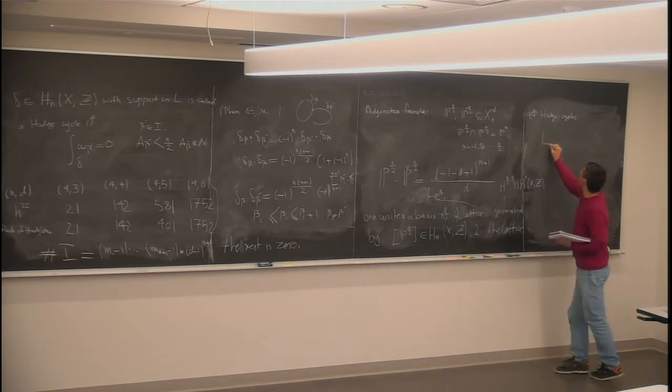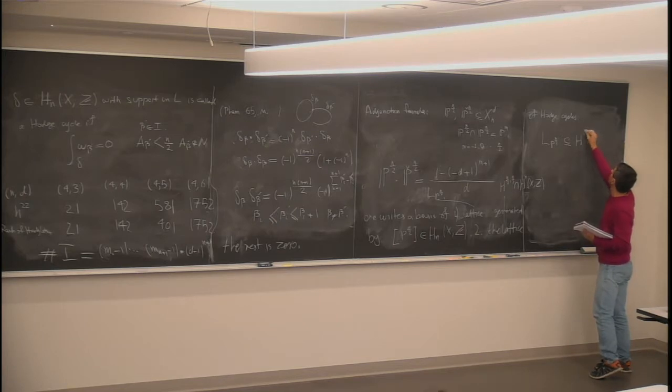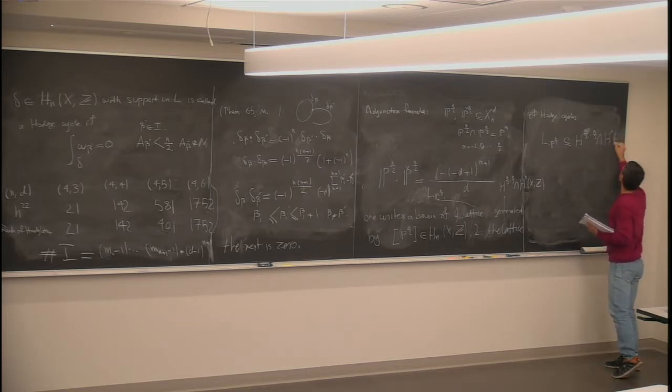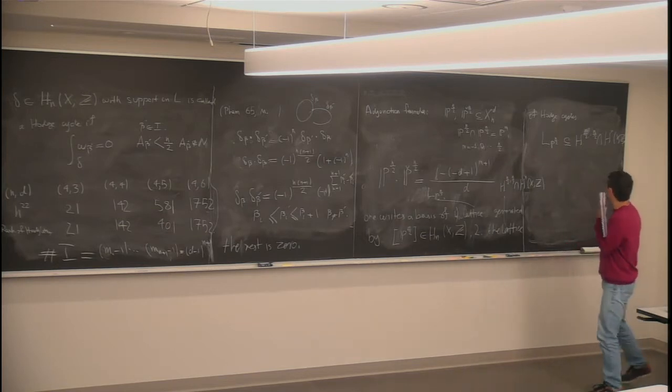So at the end we know that this lattice is inside H^{n,n}(X, Z), because any algebraic cycle is a Hodge cycle.